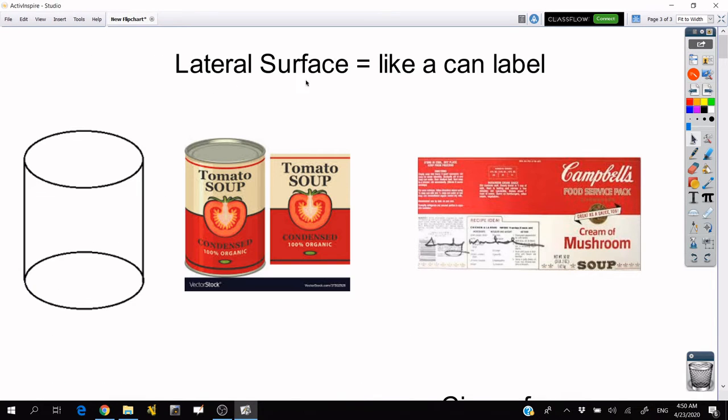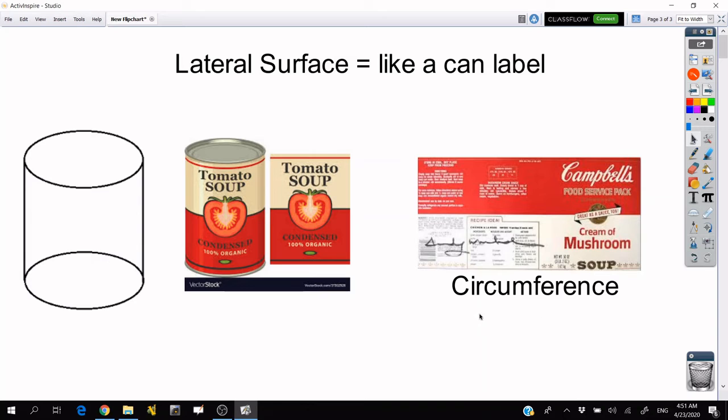And the lateral surface of this goes along the side as well. So the lateral surface is like a can label in this case. If you picture a can of soup and you peel that label off of the side, you end up with this rectangular label. And this side is the circumference, because right here, if I wrap that label back around our can, it's wrapping around the bottom of this surface here.